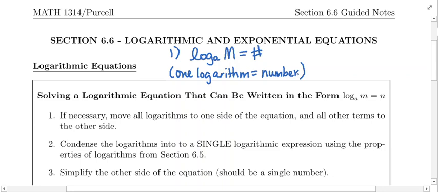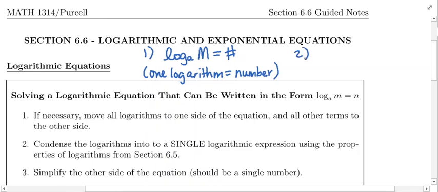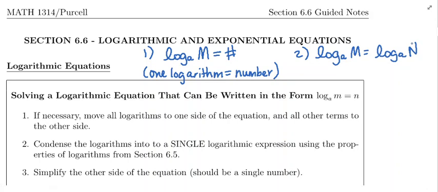Your equation may not come in that format, but you're going to be able to write it in that format. The other type of logarithmic equation you may encounter in this class is the following. If you're able to write it this way, log base A of m is equal to log base A of n. So on either side of the equal sign, you've got one logarithm, and they're of the same base.